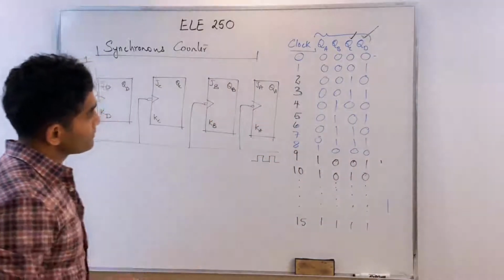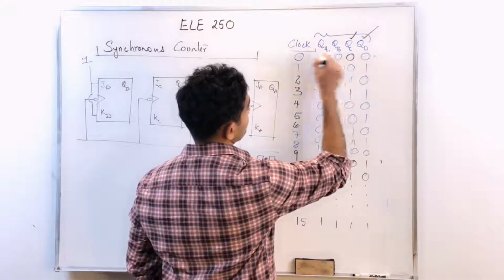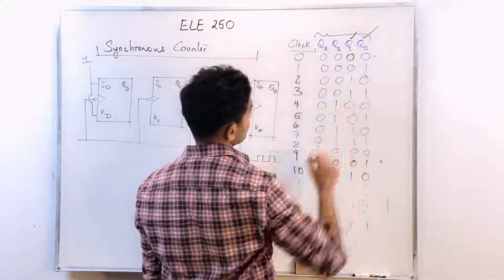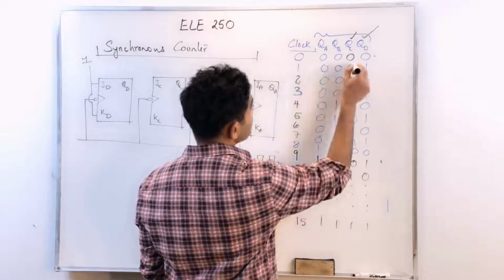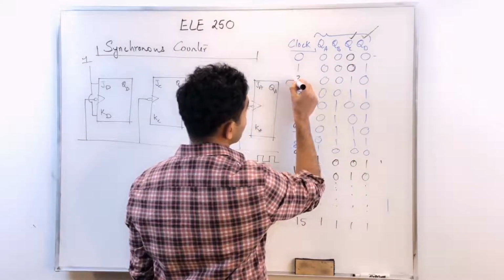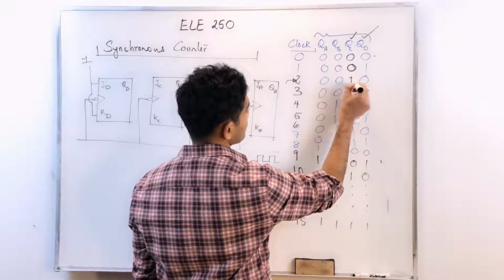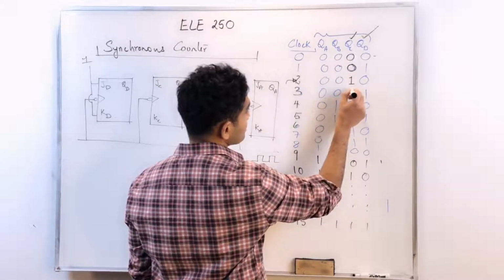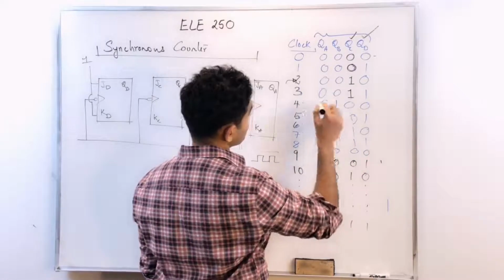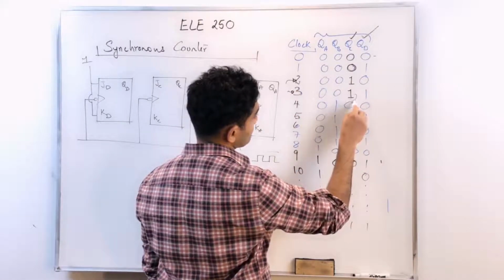Let's examine QC. QC should be 0 on the 0th clock. Of course, it's 0 on the 0th clock pulse. It should remain 0 on the first clock pulse. On the second clock pulse, it has to toggle from 0 to 1. It should remain 1 for an additional clock pulse on the third clock pulse, and then it should toggle again on the fourth clock pulse.